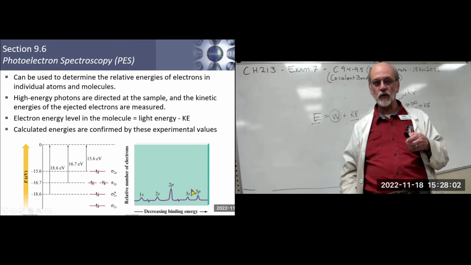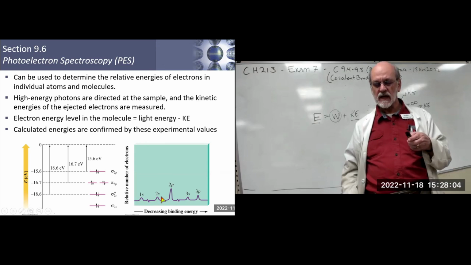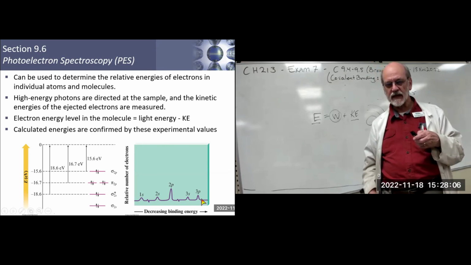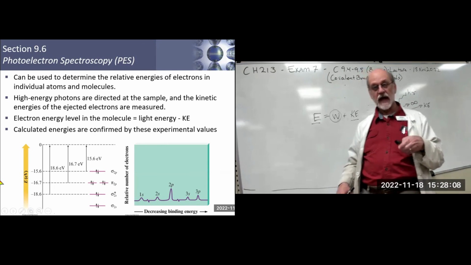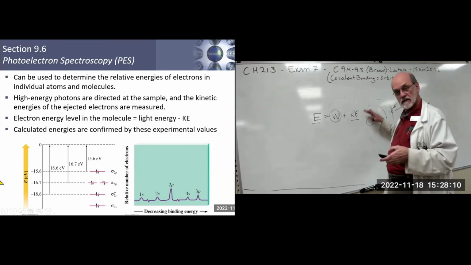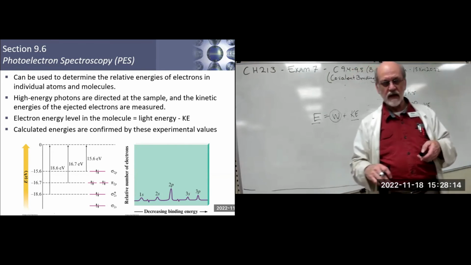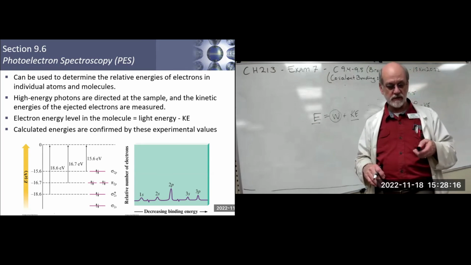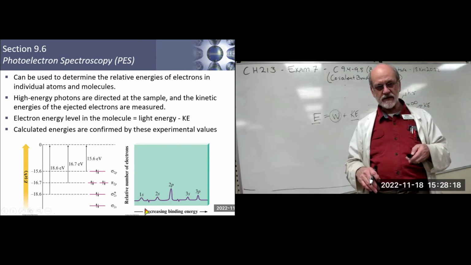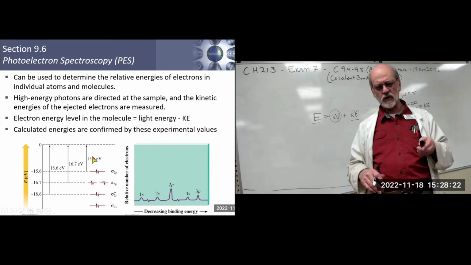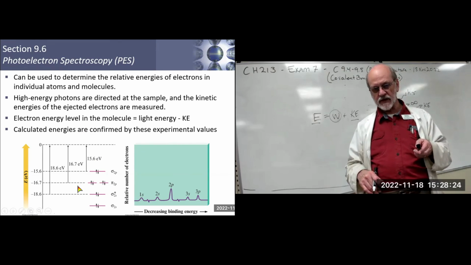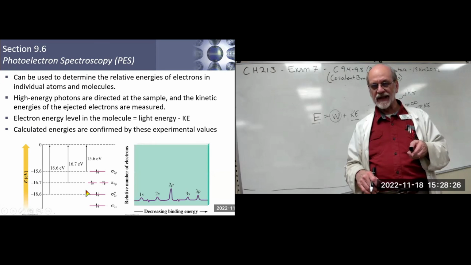We can do this photoelectron spectroscopy to actually measure the energy of the various orbitals. But it can also be used for molecules. And in this case, we've done it for some molecule. It doesn't say which one it is, but it also tells us what are the molecular orbital energy levels.